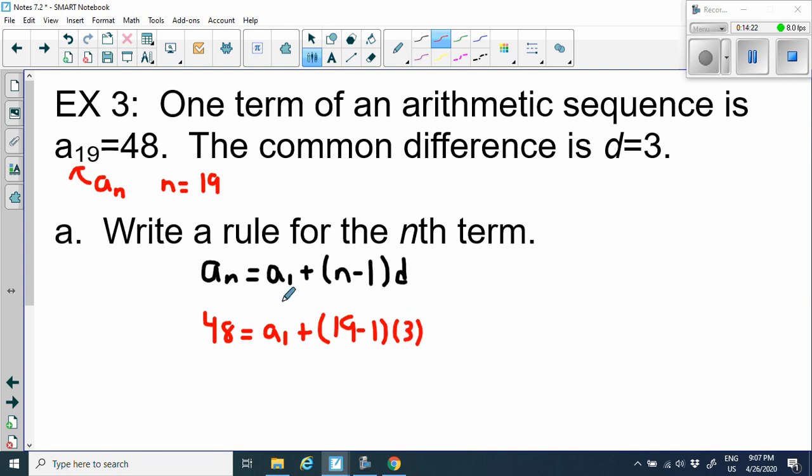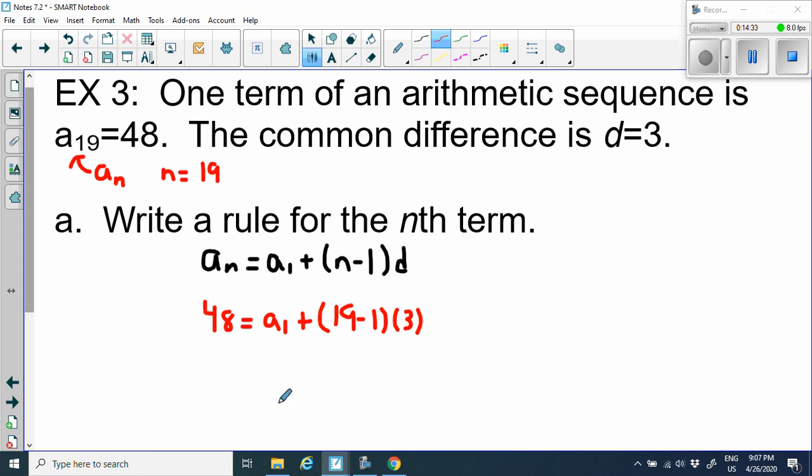So what I have to do is figure out what my first term is, and then once I calculate that, I can plug it back into my formula to find the rule along with the common difference. Okay, so I do 19 minus 1, that gives me 18. So I have 48 equals a sub 1 plus 18 times 3.